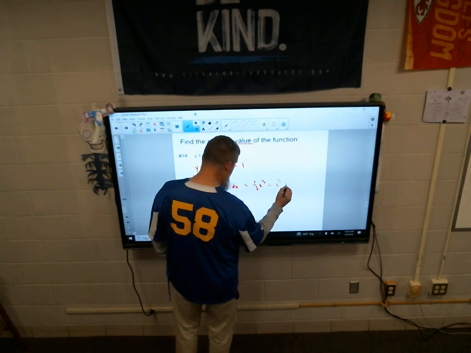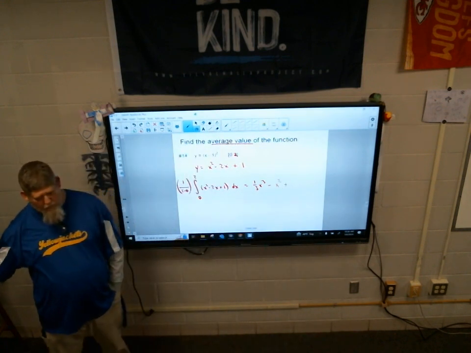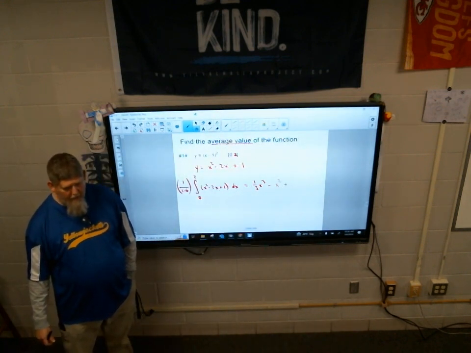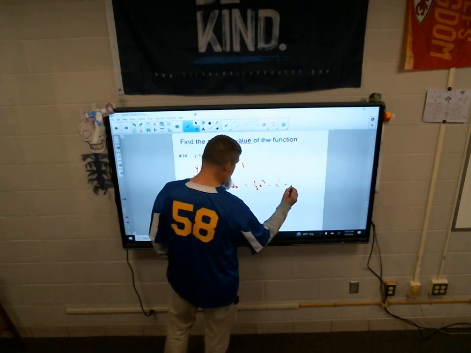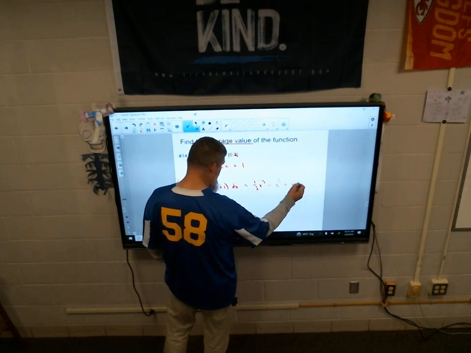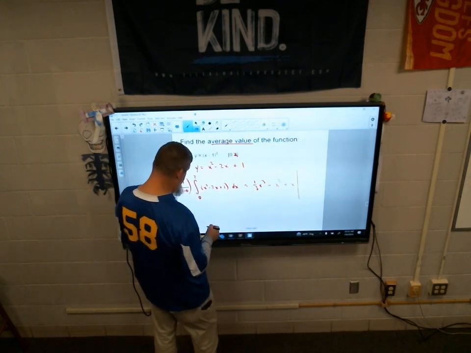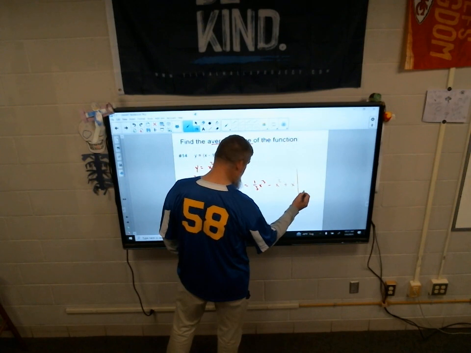Okay, plus, what's the antiderivative of 1? X. It's like x to the 0, so you add 1 to it, like x to the first, right? And then the evaluation line, from 0 to 2.